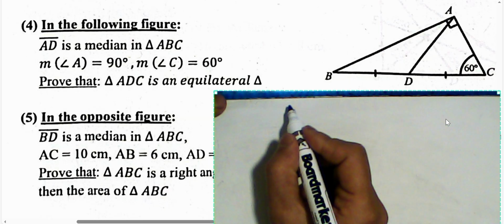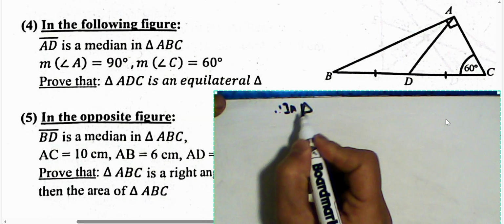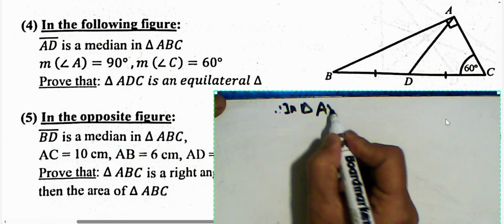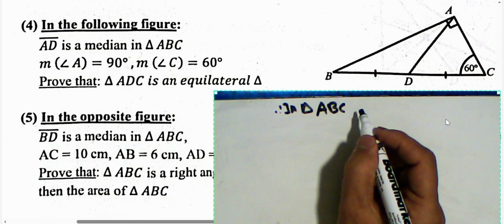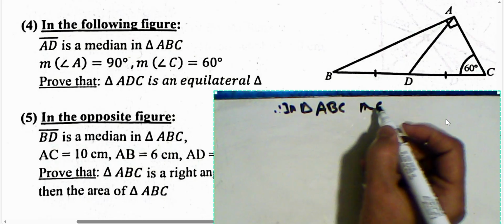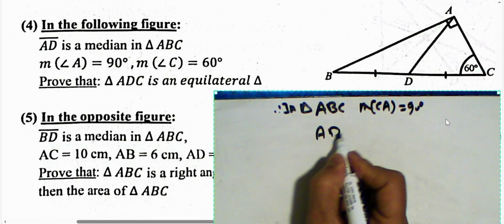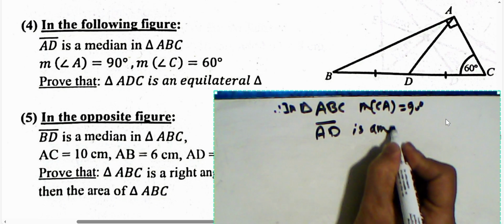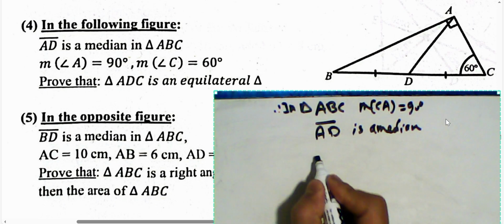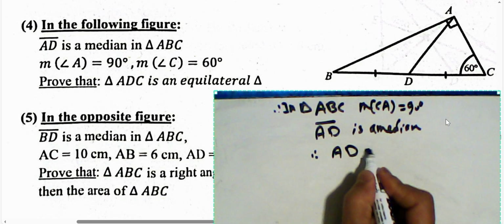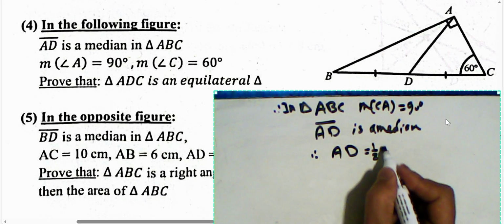He gives us in the example that triangle ABC is a right angle triangle, measure of angle A was 90 degrees, and AD is a median. So AD will be half of BC.